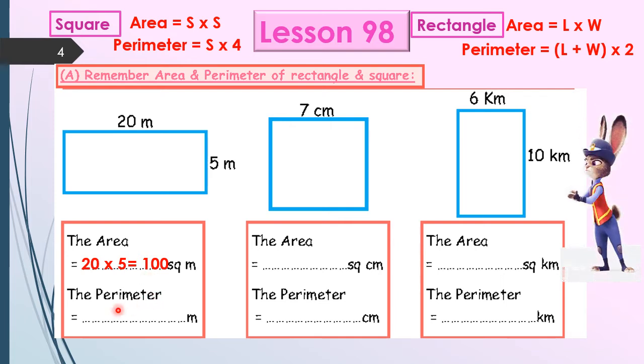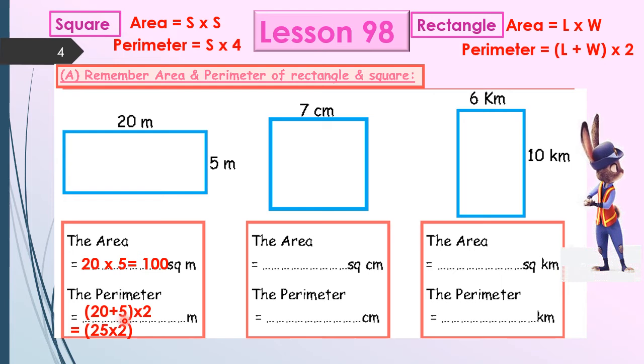Now let's solve our perimeter, which is length plus width by 2: 20 plus 5 by 2. 20 plus 5 equals 25, and by 2, 25 by 2, using your distributive property, it will be 50 meters.